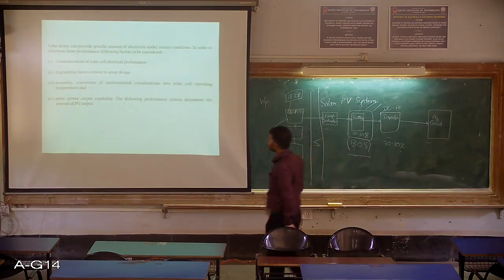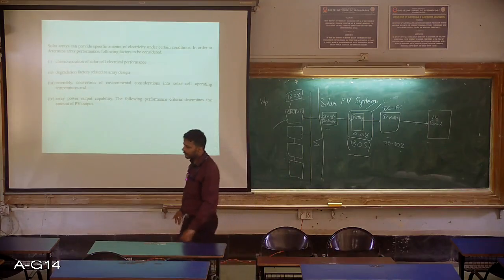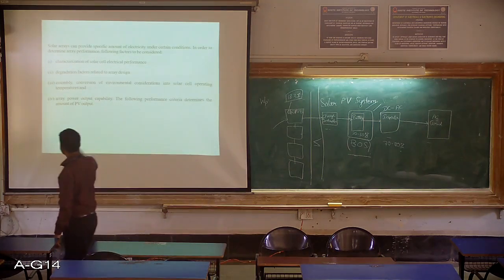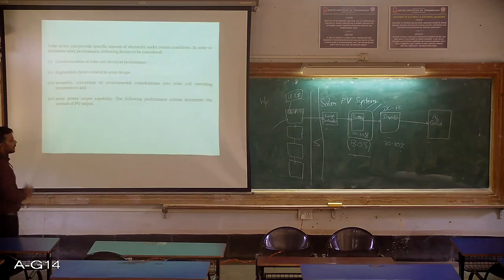That is the meaning of this. So in order to find out the solar array performance, all these 4 points are to be considered. One is cell performance, second is degradation factors related to array design, third is environmental considerations, and the last one is array power capability.